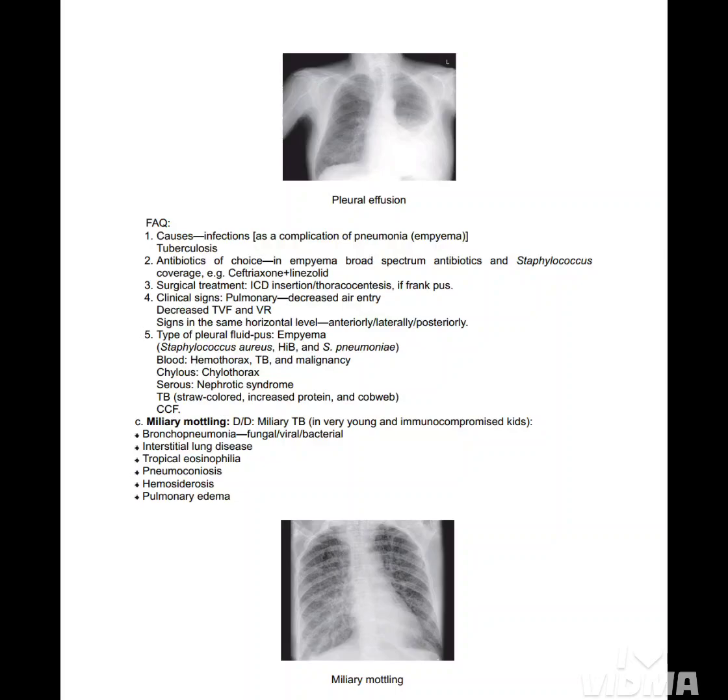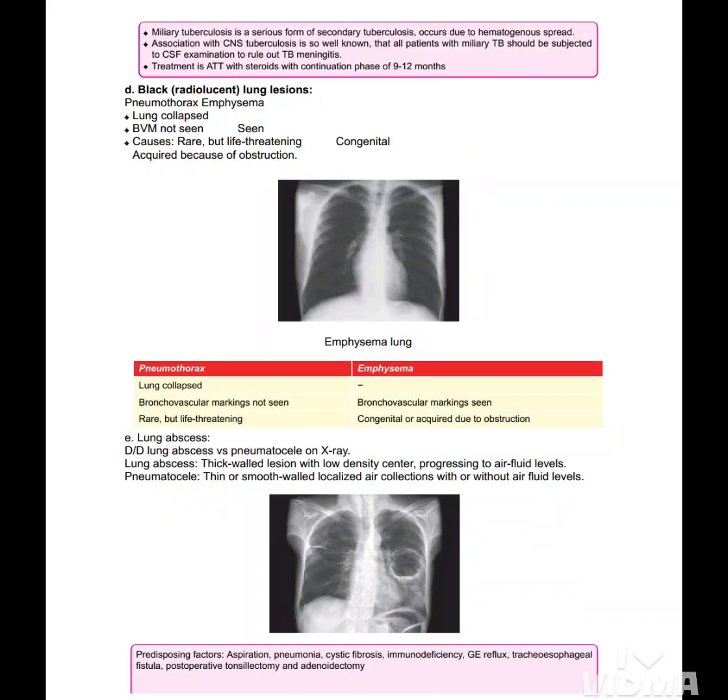The second X-ray is regarding miliary mottling. In the first X-ray, there is a blackish shadow due to the excessive air of the emphysematous lung. In the second X-ray, we can see the solid white round margin of an abscess. The liquid between the margins is clear, so there is a blackish shadow. So liquid is not always a whitish shadow.